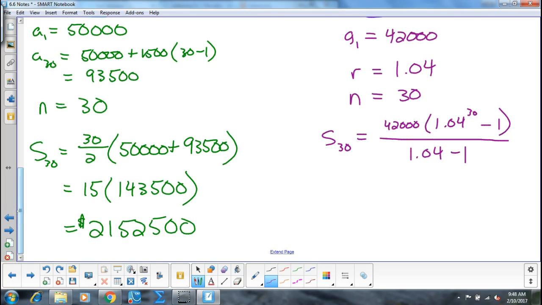And when you do that, the sum of the 30 years here is $2,355,567 and approximately 39 cents.